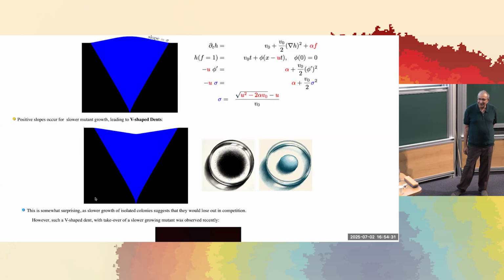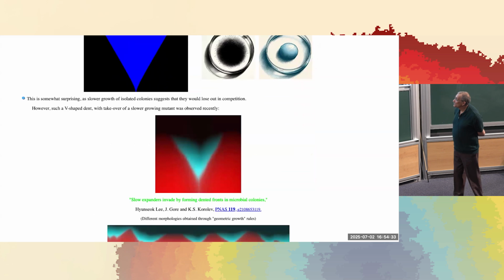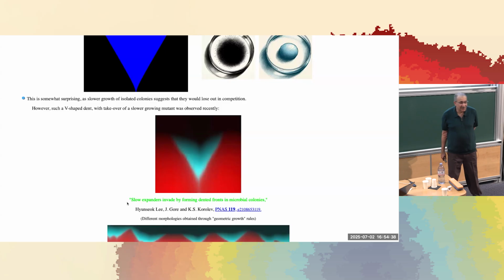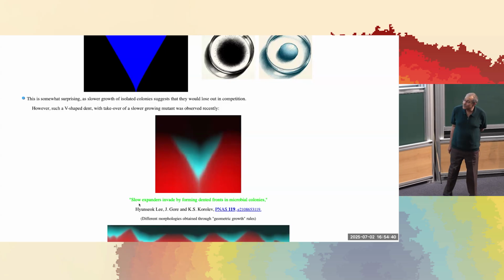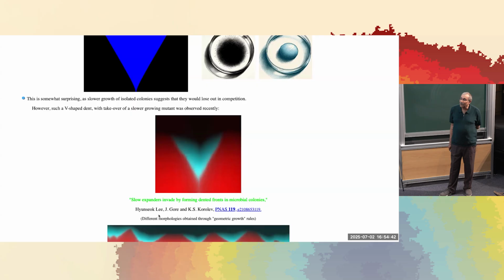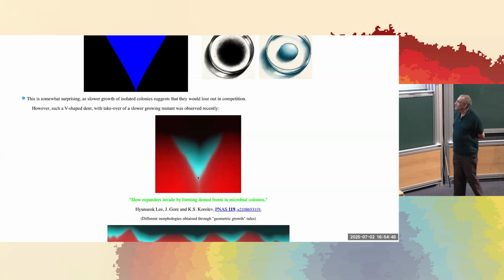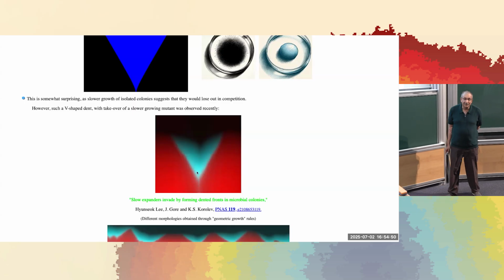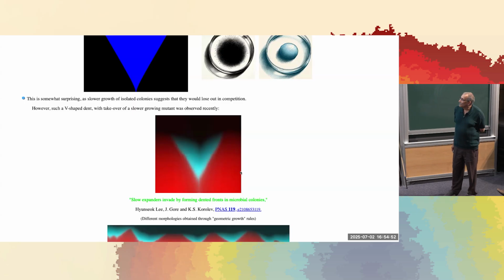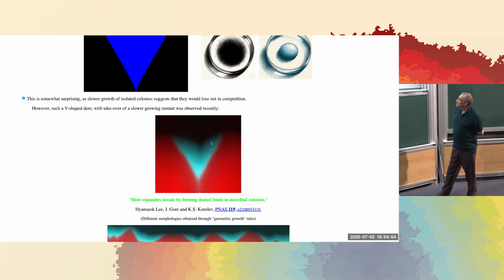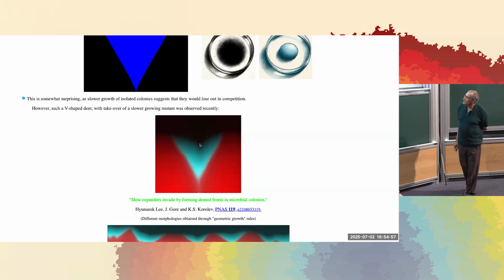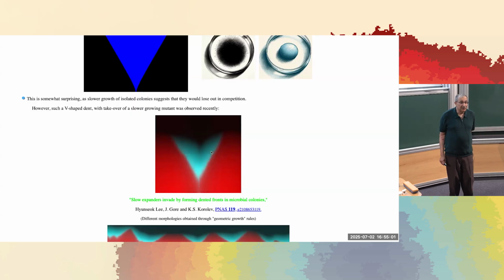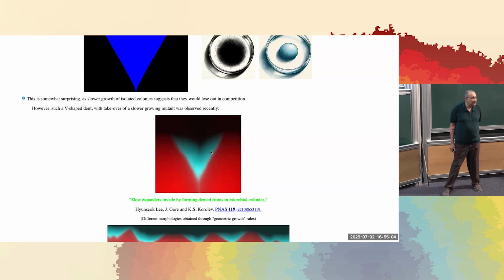Okay. Now, as I said, this was maybe a little bit of a surprise, except that only about 6 or 7 years ago, in the lab of my colleague Jeff Gore, they found an example of this kind of system where you have these green bacteria that are expanding into the red, but at a slower rate in the other direction, and the morphology of the front is this V-shaped type of morphology.